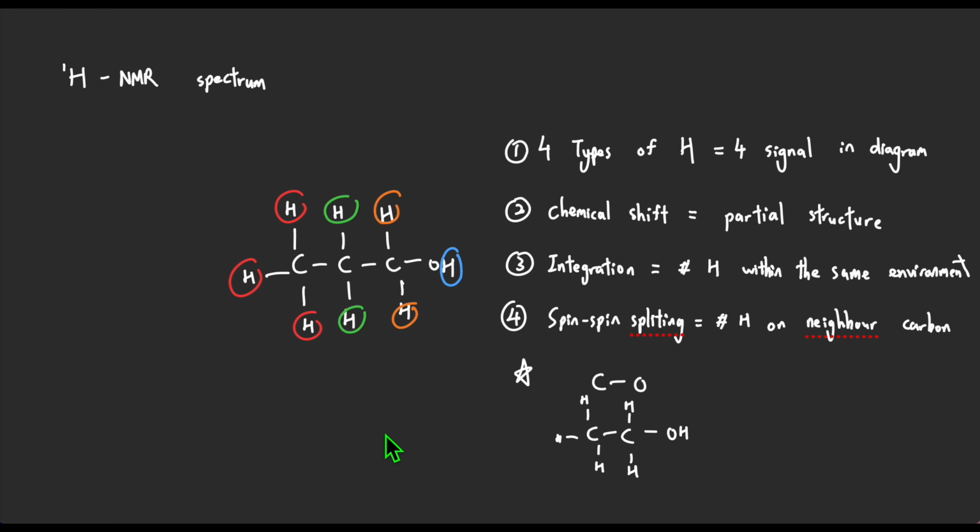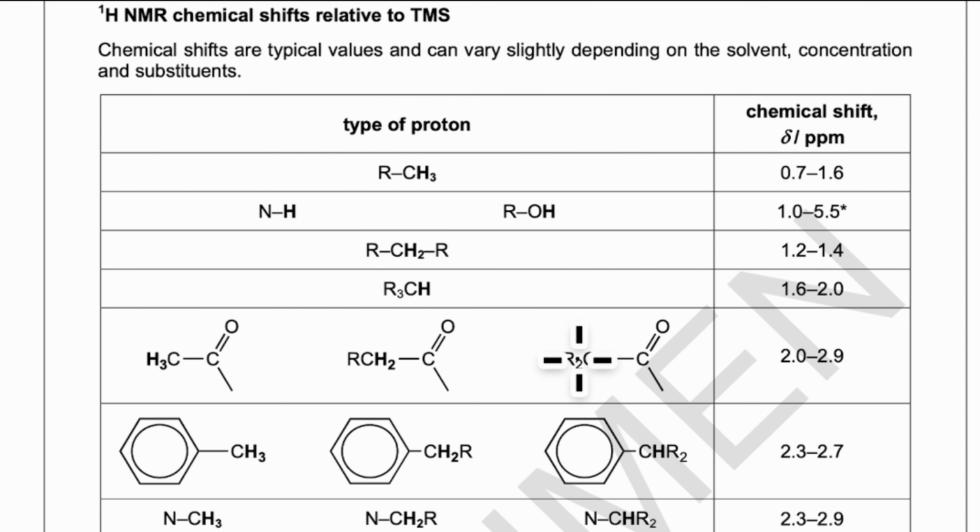So now let's look at the real diagram, what it looks like. This is our data sheet that is going to be provided, and as you can see here, the chemical shift will help us determine the partial structure. Those are the hydrogens in that environment that give us a piece of a small puzzle, and we have to collect all those and connect them together.